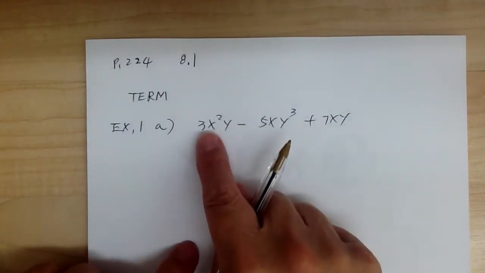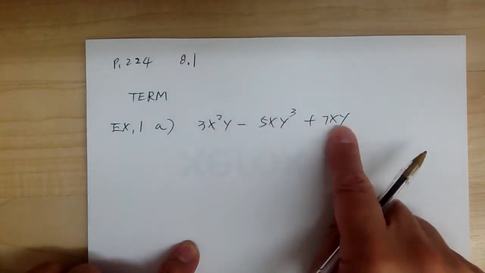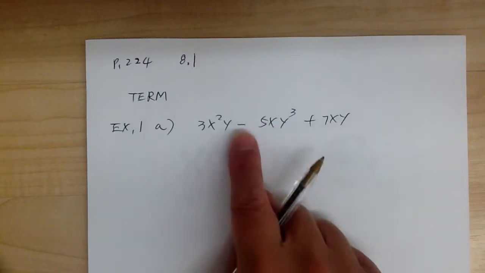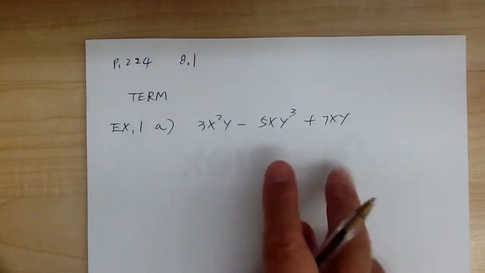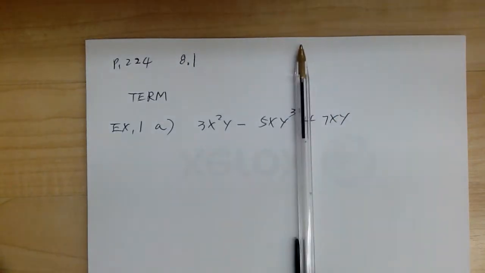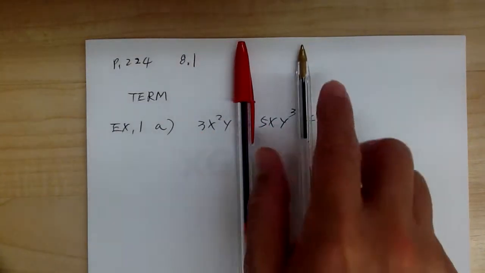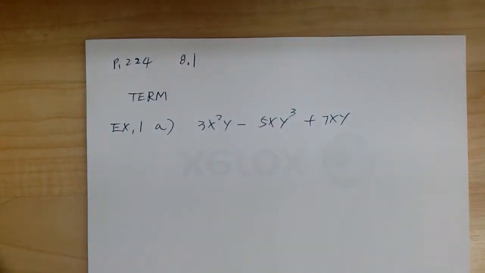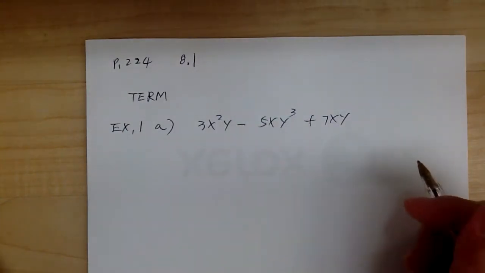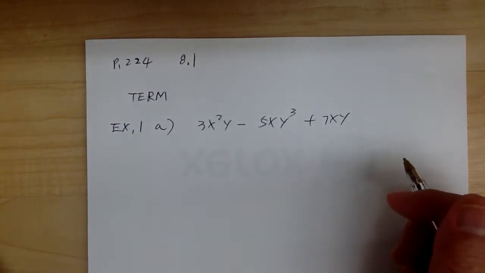So this is a term, this is a term, this is a term. You've got 3 terms. The only exception is that if addition and subtraction are inside the grouping symbol, then you can just ignore them.